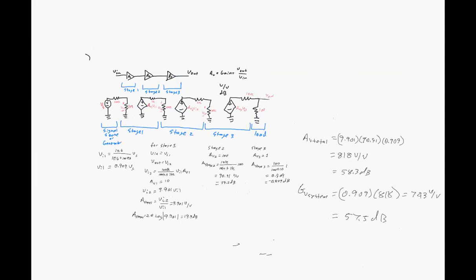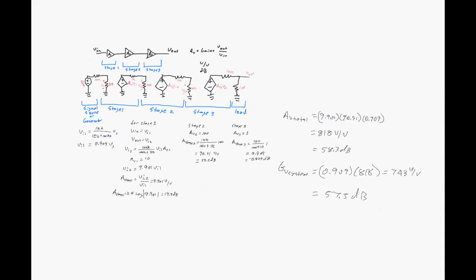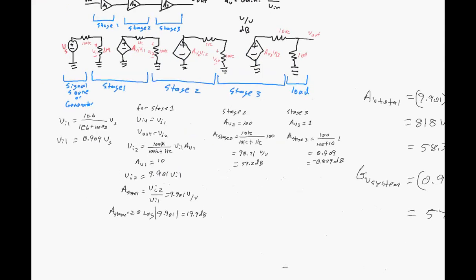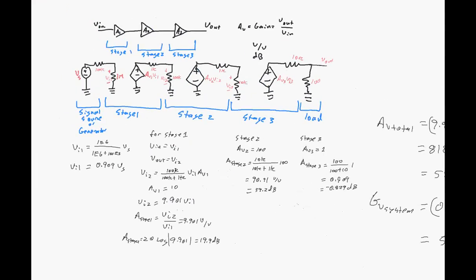But either way, hopefully you can understand. It's probably a little confusing what's really going on there. You've got to carefully keep track of where the inputs and the outputs are. The input of one is the output of the previous one, and it can get confusing.